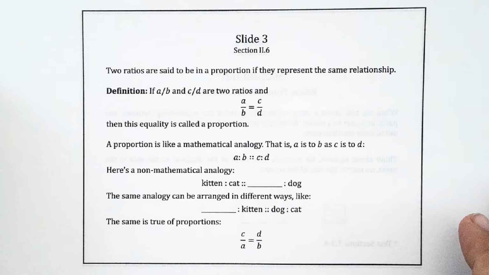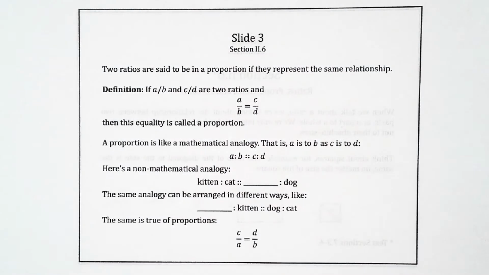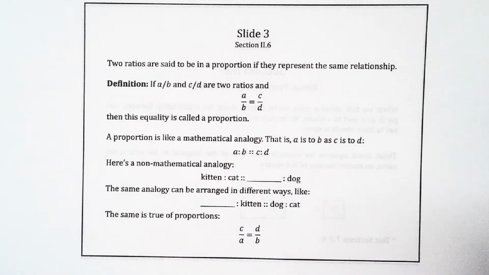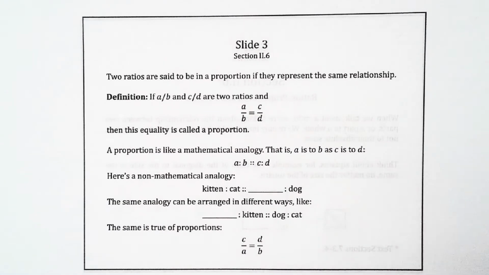Okay, two ratios are said to be in a proportion if they represent the same relationship. If A over B and C over D are two ratios and their quotients are equal, then this equality is called a proportion. There's kind of a little bit more of an old-fashioned way of thinking about this, which is like an analogy, and I think it's a very good way to think about it.